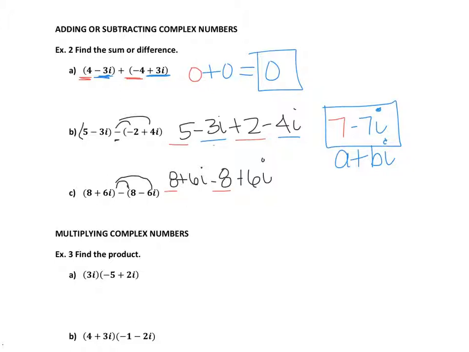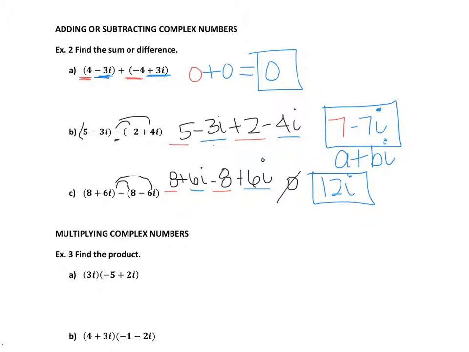So 8 minus 8 is 0. Now you can write 0 or you don't have to. It's not necessary. And then I'm going to combine my imaginaries. So 6i plus 6i is 12i. And that is your solution.